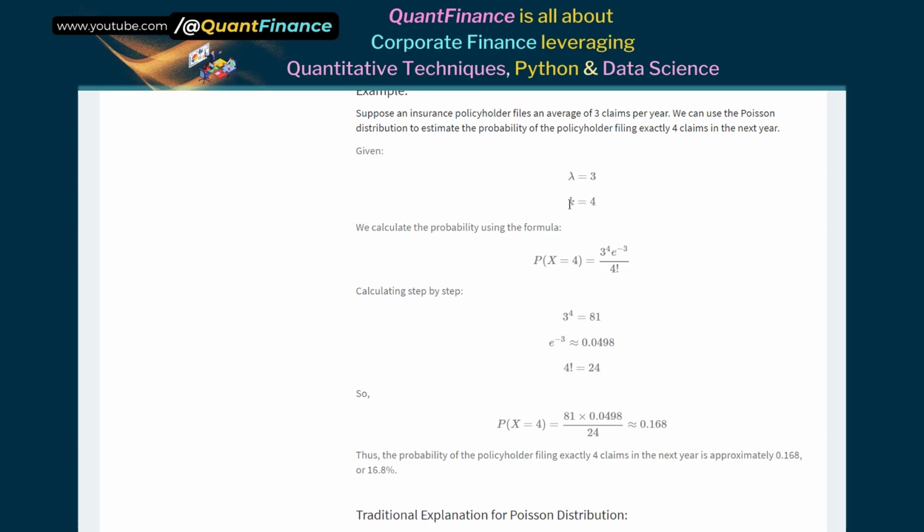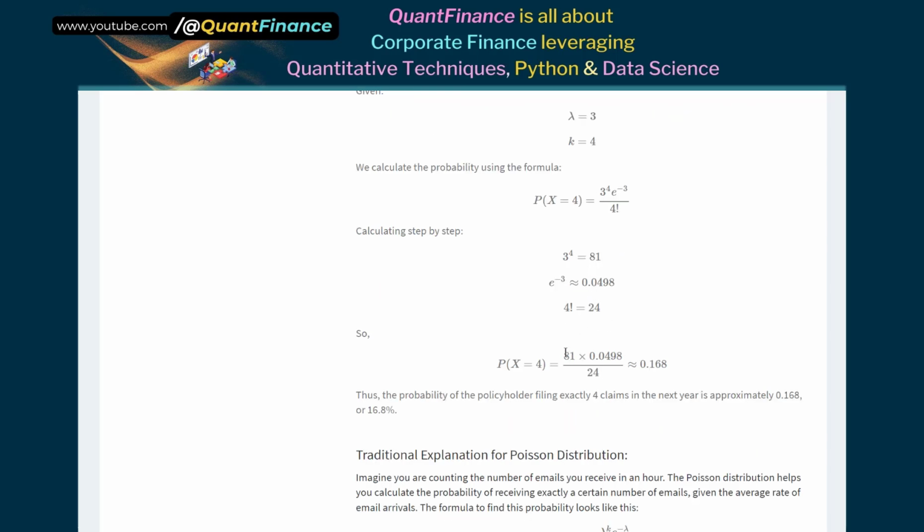When we plug these values into our formula, we get 3 to the power of 4 times e to the power of -3, divided by 4 factorial. If we go through this calculation step by step, the probability of X equal to 4 is 81 times 0.0498 divided by 24, which is approximately 0.168.